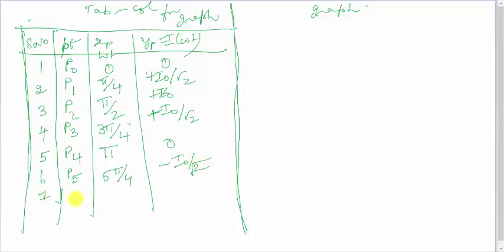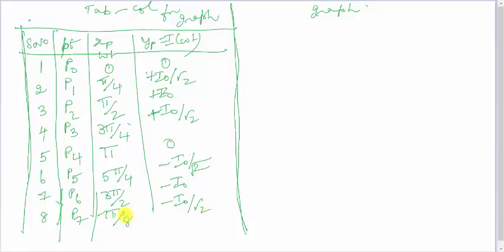Seventh will be P6, 3 pi by 2 and this will be minus I naught. Eighth will be P7 and here it will be 7 pi by 8 and it will be minus I naught by root 2.